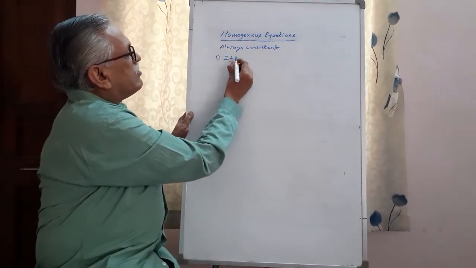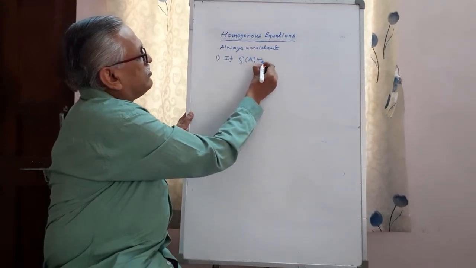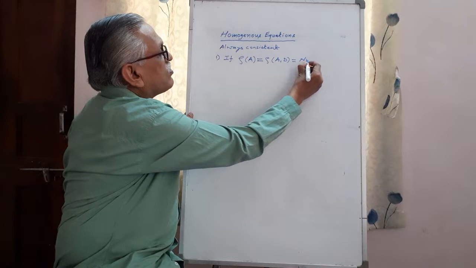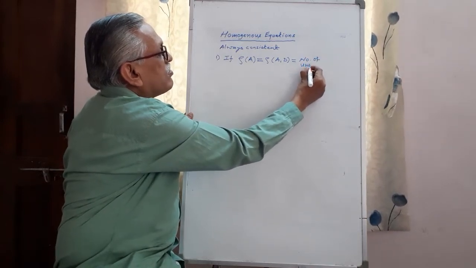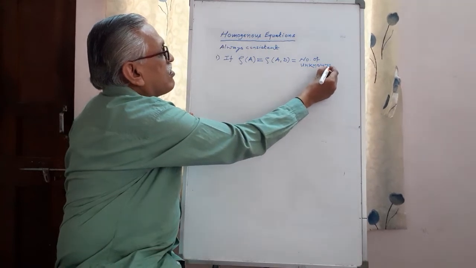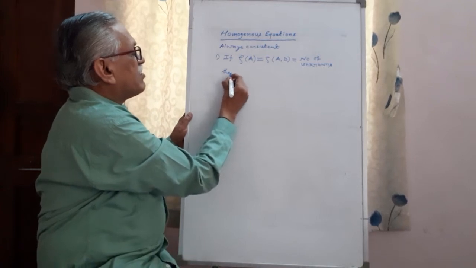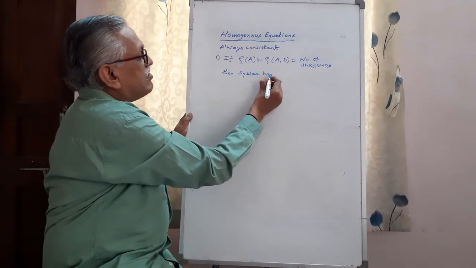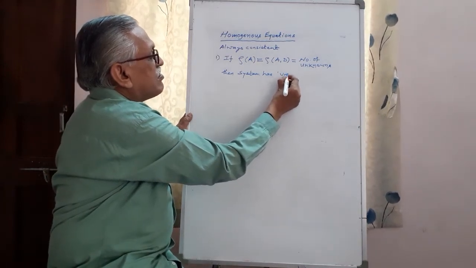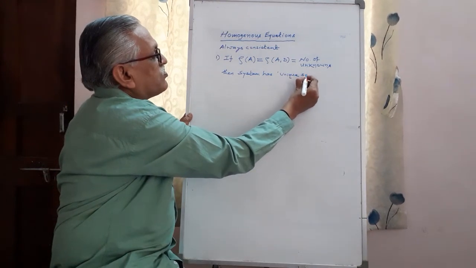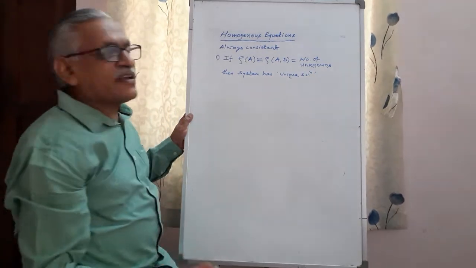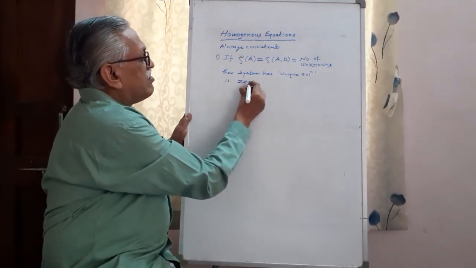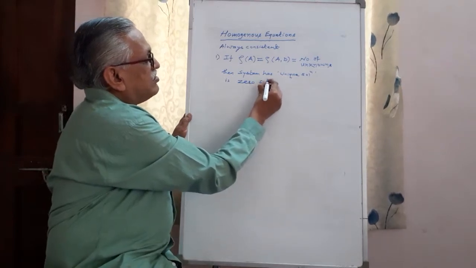If rank of A is equal to rank of augmented matrix and equal to the number of unknowns, then the system has a unique solution, and that unique solution is here the zero solution.